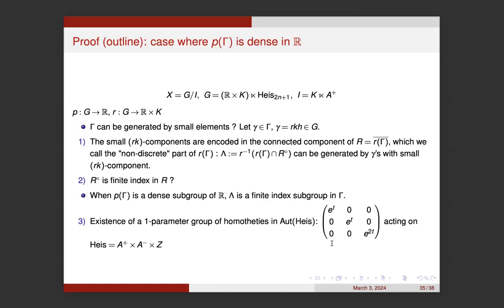So I apply a suitable homothety of the Heisenberg group to transform these H elements into small elements. This way I can find small generators of gamma, and this proves strong Zassenhaus in the case where the projection to R is dense.